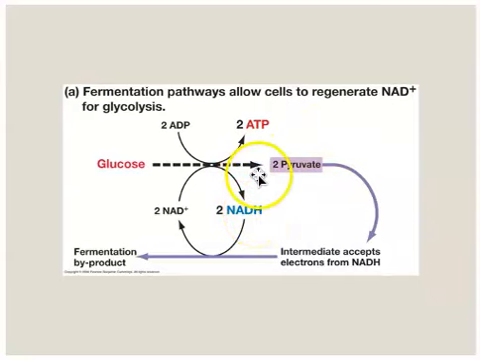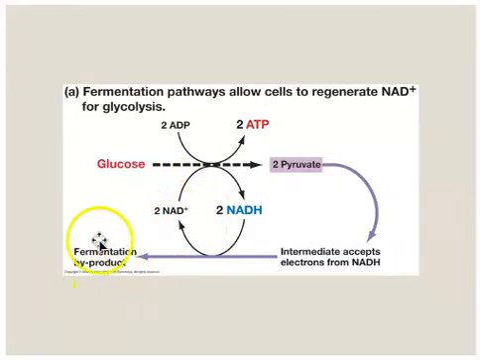Now, normally this pyruvate would go on into pyruvate processing and the rest of cellular respiration. But instead, it's going to be shunted into this different metabolic pathway called fermentation. And that's what they're showing us here. The pyruvate is going to be converted into some fermentation byproduct. And by doing that, the NADH will be relieved of its electrons. In other words, it will be oxidized and regenerate NAD+.